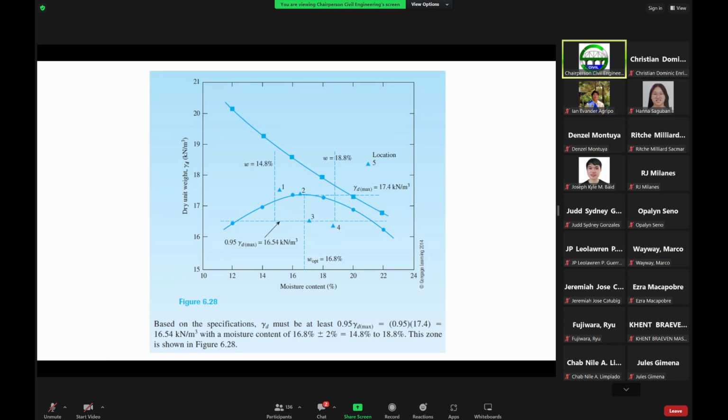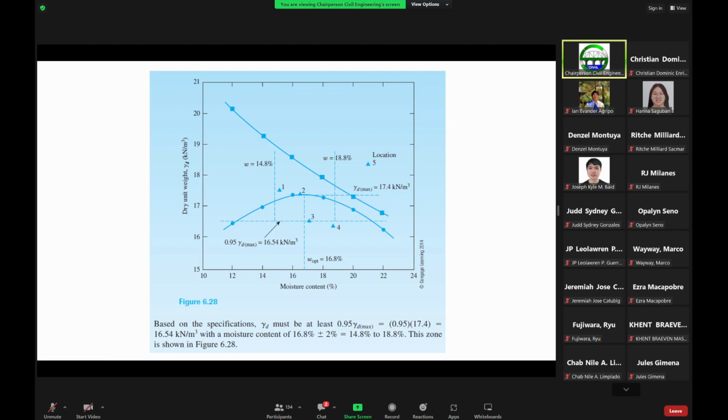For item three, you are just at the borderline, so still okay, still acceptable. But for item four, while you are within the moisture content range, you're already below the specified 95% specification. So that means point four has failed.